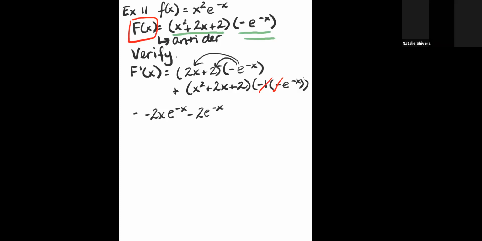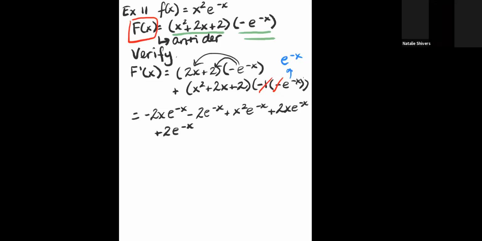This piece here is now just a positive e to the negative x. Okay, so I get a plus x squared e to the negative x. I get a plus 2x e to the negative x. And I get a plus 2 e to the negative x.